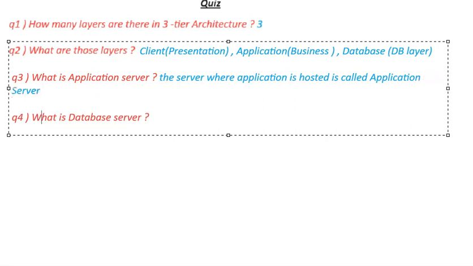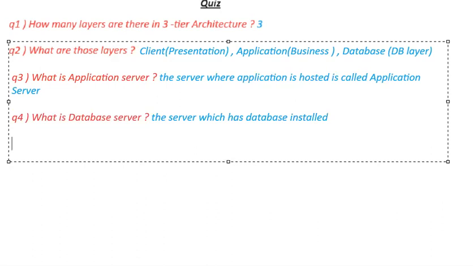Seems to be nice, right? Now let us see what a database server is. The server which has a database installed is called the database server. I hope you answered this question.